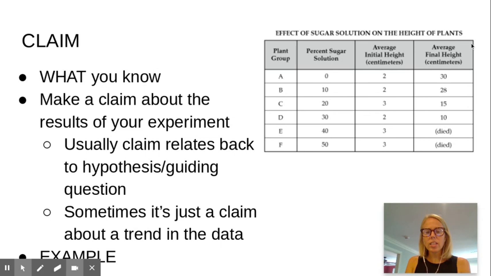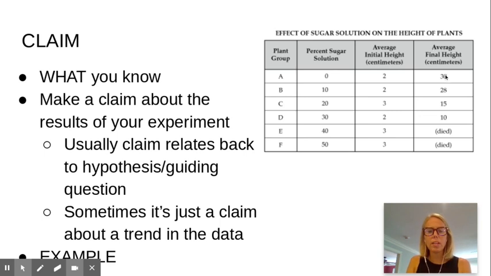Most likely these plant groups, A through F, were given a certain amount of liquid that was either pure water or had varying amounts of sugar in it. They recorded the initial height of the plant so you could see the growth, and they give you the final height of the plants in that group, because it looks like an average.